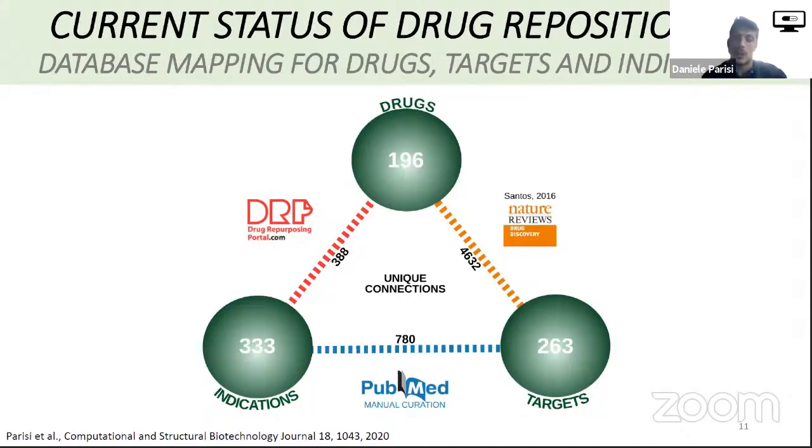And together with that, we used the literature on PubMed to close the missing connections between the target and indication. In this way, we could make a drug-target-indication network from all the repurposed drugs and understand how we've been approaching drug repositioning so far.